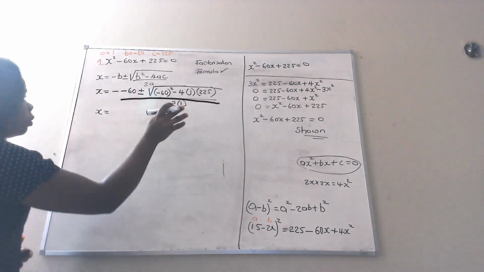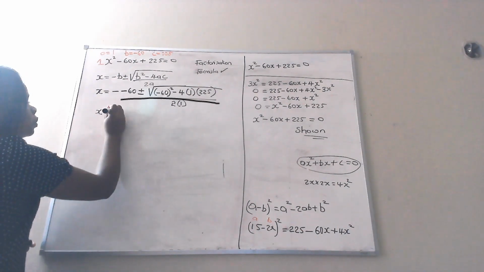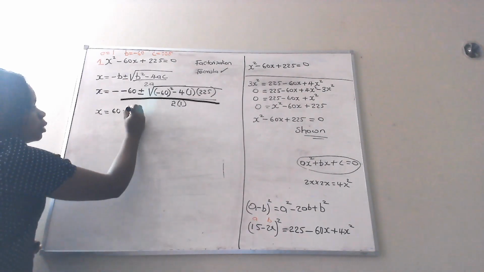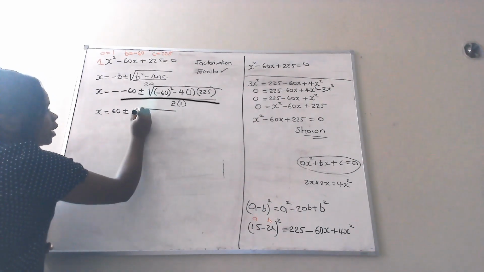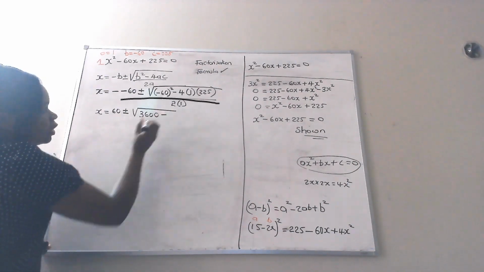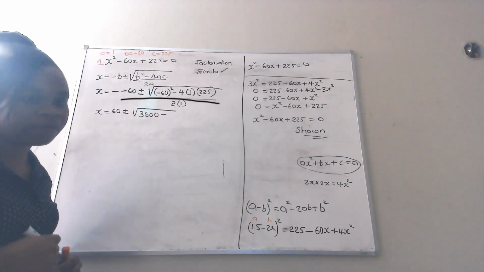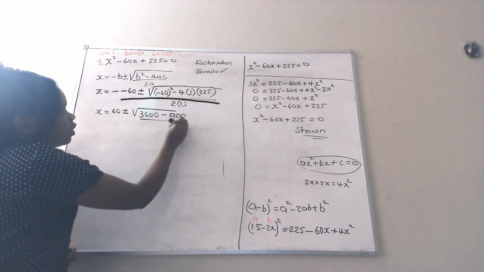Now, when you have two minuses in a row, that's a plus. So this is 60 plus or minus the square root of negative 60 squared, that's 3,600, minus 4 times 1, which is 4. 4 times 225, that's 900, divided by 2.